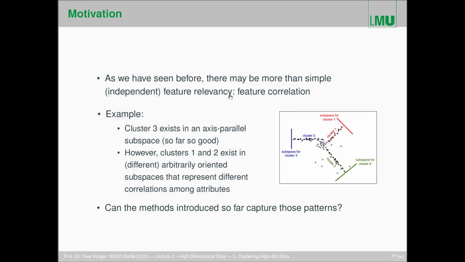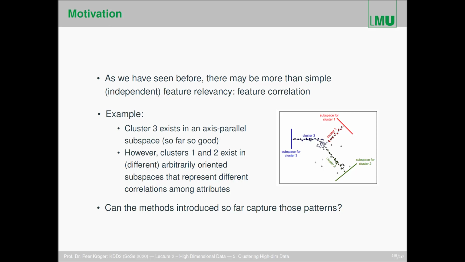So the clusters do not exist only in axis-parallel subspaces, but also in arbitrarily oriented subspaces. Here is the example of this metabolic disease data set where cluster 3 is actually an axis-parallel subspace cluster. So here is the subspace where the points of cluster 3 are dense or very similar to each other, and this is axis-parallel.